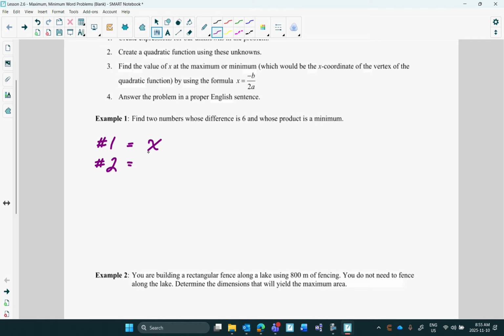How would you write that? You could write X plus 6 or X minus 6. Doesn't matter. Those are two numbers that I don't know. They have a difference of 6. I want to find their minimum product.